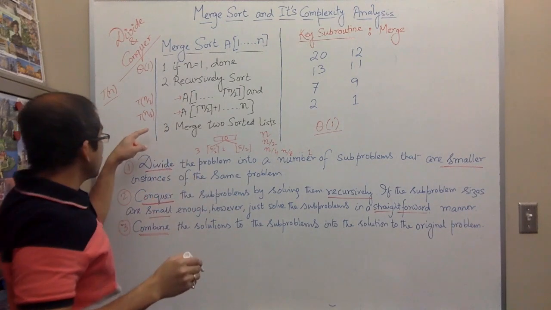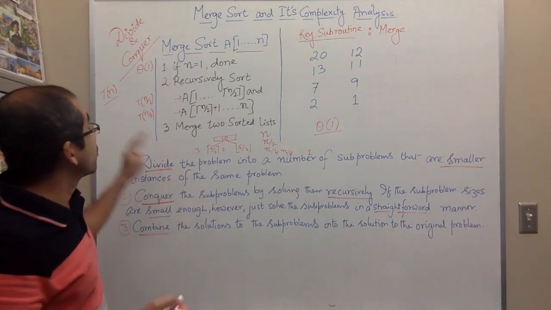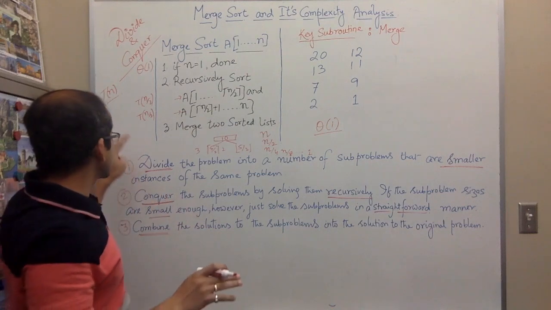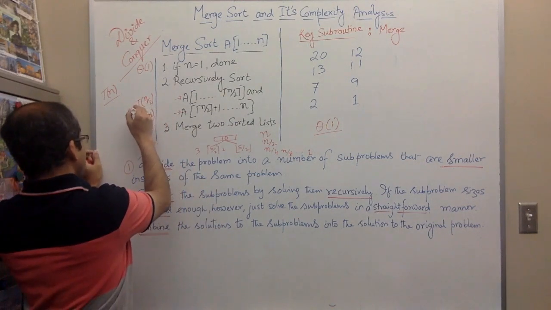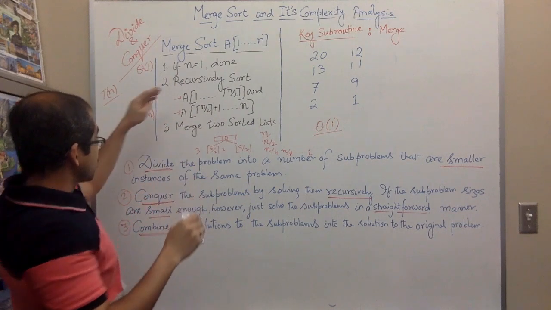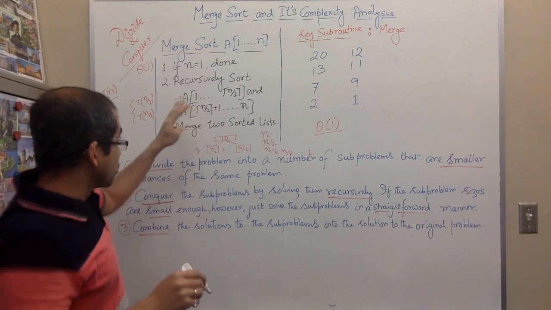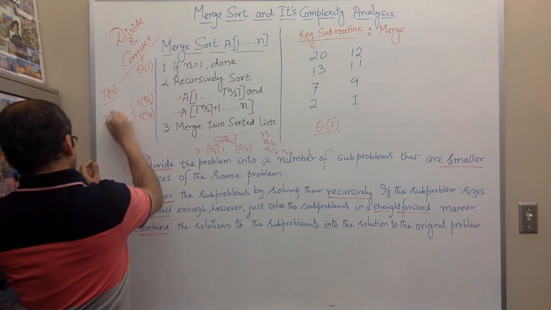As I told you, this n by 2 will be floor and ceiling, but for the sake of simplicity we do not consider this here. So at this recursive stage we have two sub-problems of size n by 2. So we call it 2T of n by 2.